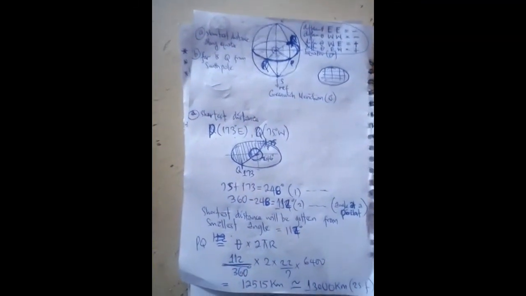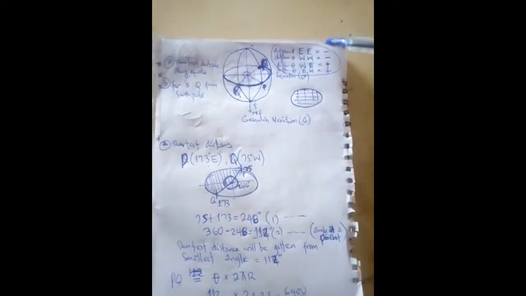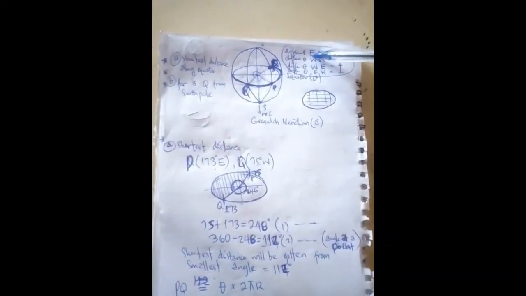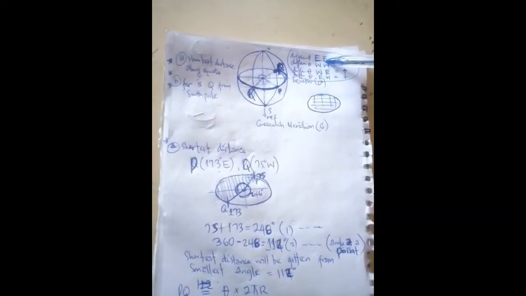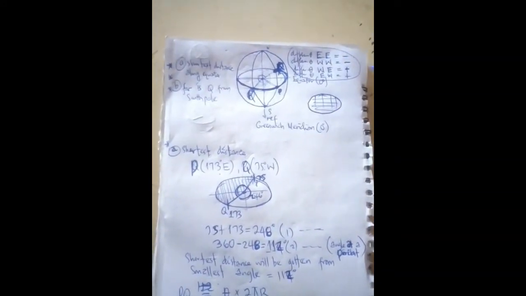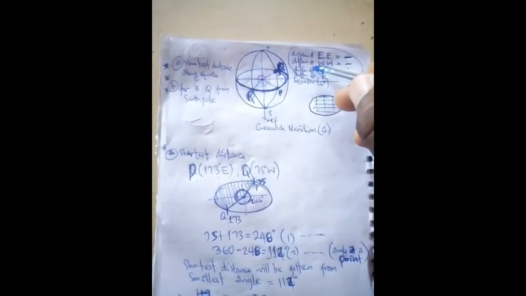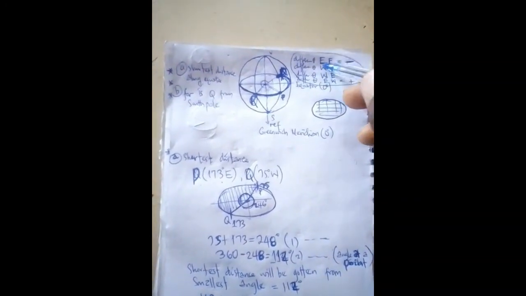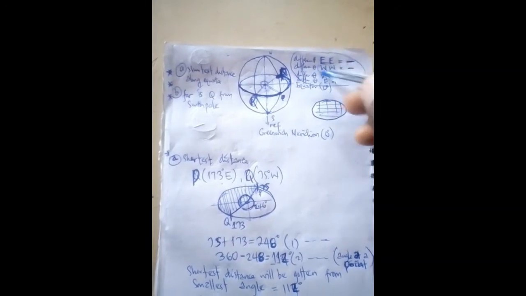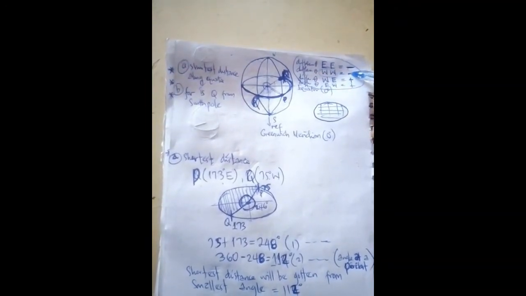So one thing you must take note of in longitude and latitude: the difference between two coordinates along the east, you subtract. Or the difference between two coordinates around the west, the same, you subtract.